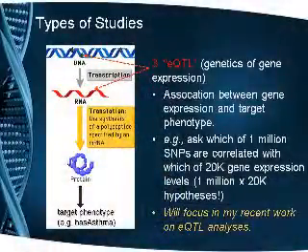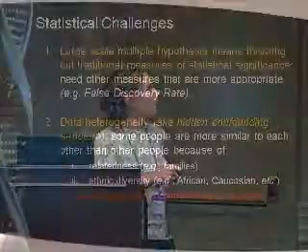Differential expression is another type of question you can ask, where you scan through all of the genes, all 20,000 genes, and you ask each one in turn, is that associated with my phenotype of interest? And what I am going to focus in on at the end of the talk is eQTL analysis, where you say, for each marker in my DNA, which might be 500,000, is each one associated with any of my genes? And there could be, say, 20,000 of those. And so that's a very large hypothesis space to explore.